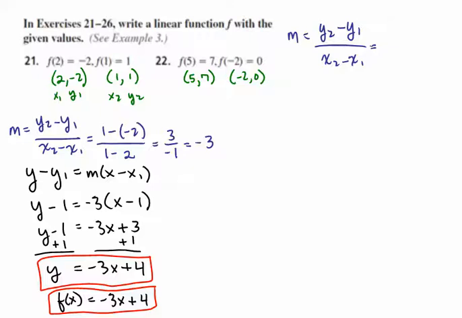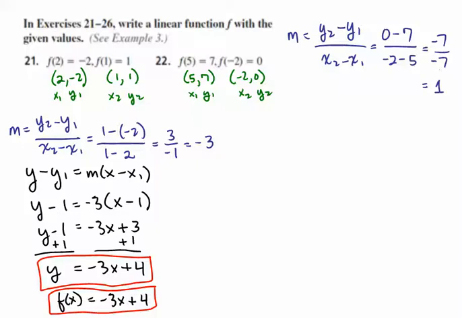Okay, I didn't label them yet, I'll do that now: x1, y1, x2, y2. So y2 is 0 minus y1 is 7, x2 is -2 minus x1 is 5, and we end up with -7 over -7, which very importantly, negative divided by negative is positive. 7 over 7 is 1, and so we have a slope of 1 there.